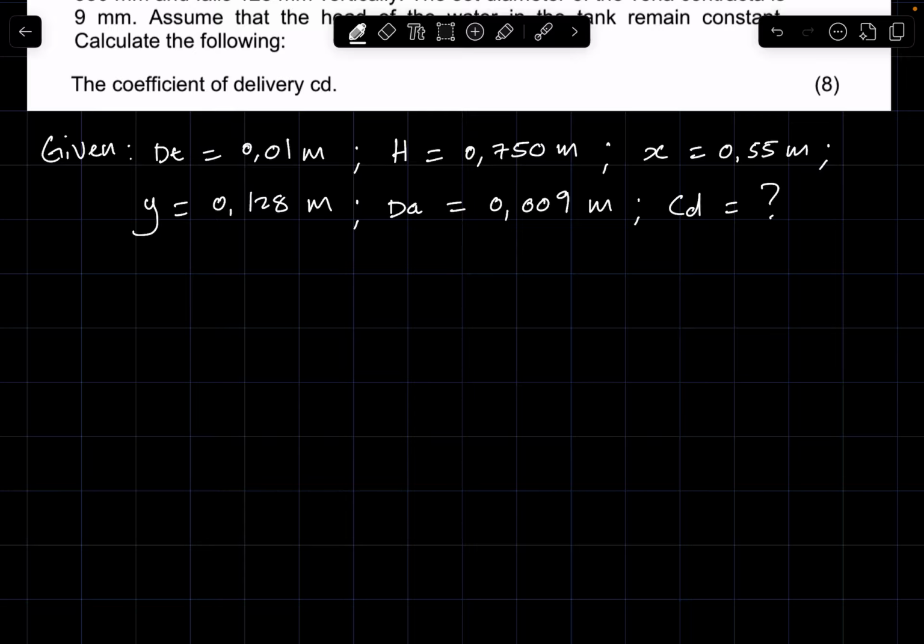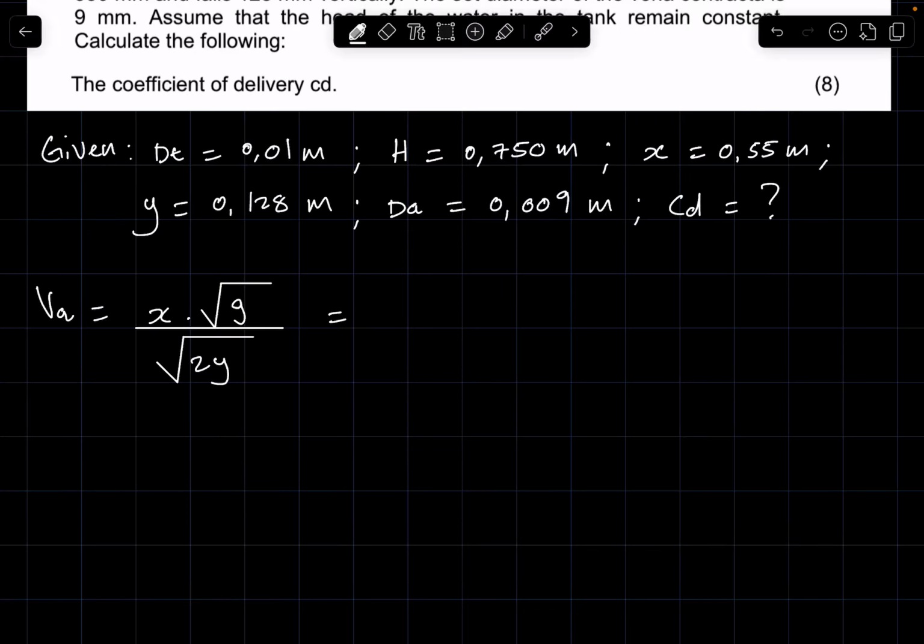Remember that actual velocity is equal to x times the square root of g divided by the square root of 2y, right?